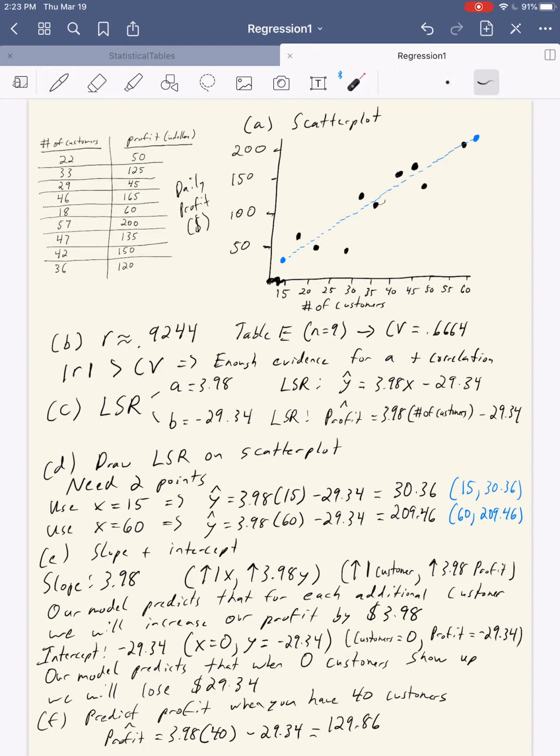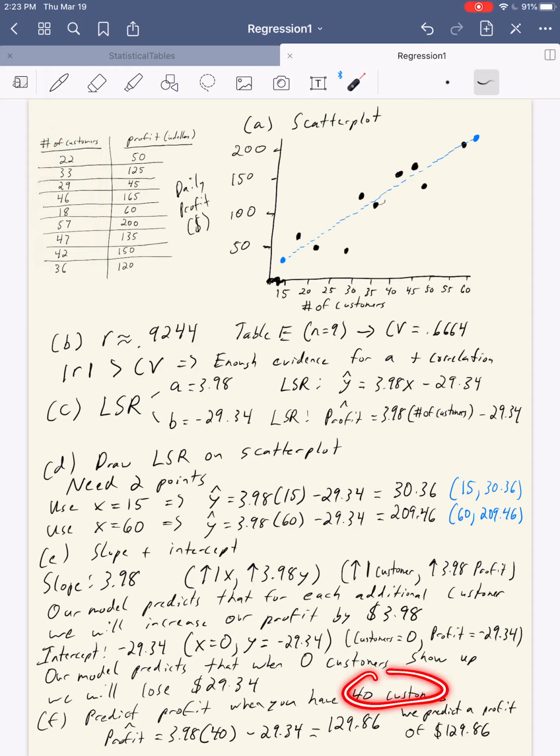So this right here, that is our predicted profit. So we would say we predict a profit of $129.86.